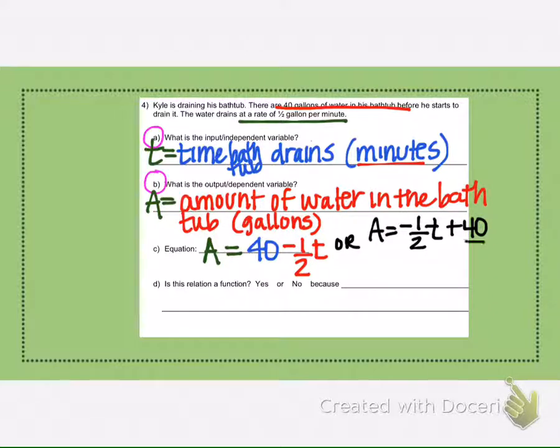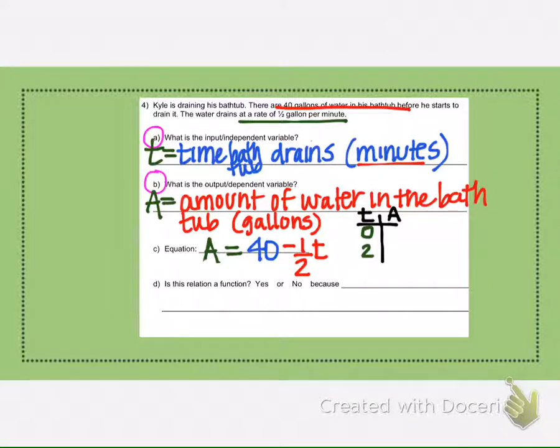So we could put the constant at the end. We could also, if we prefer decimals, put negative 0.5 T plus 40. We could also write the amount of water is equal to 40 minus 0.5 T. So those are the 4 different ways we can write the equation.